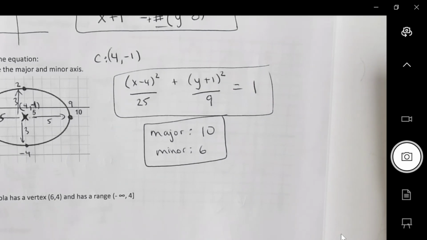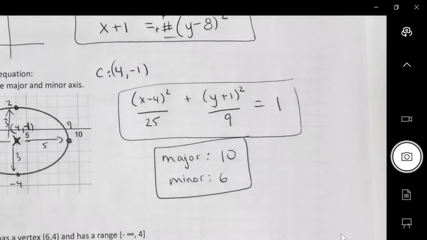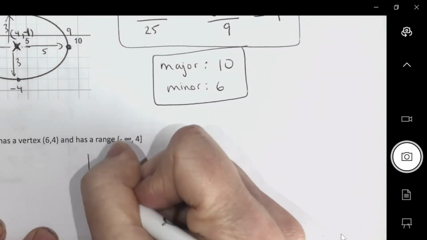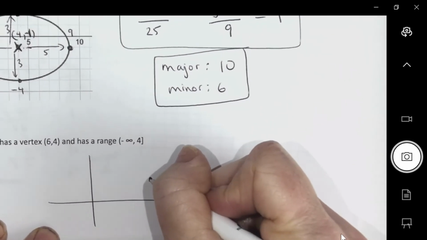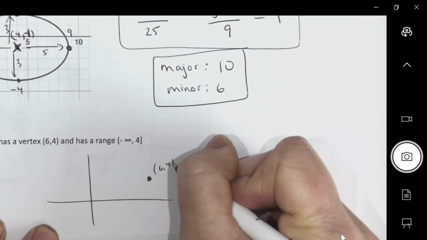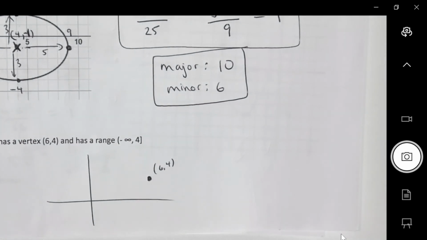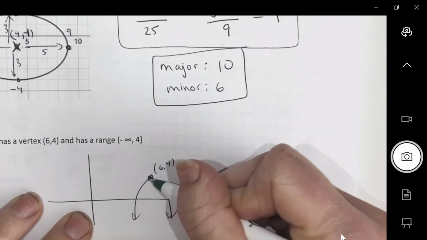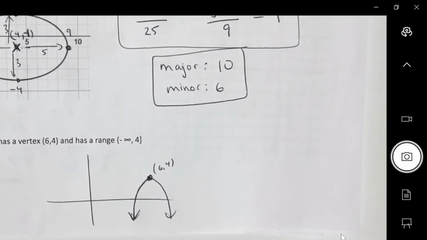A parabola has a vertex at 6, 4. And it has a range from -infinity to 4. So that's what I know.